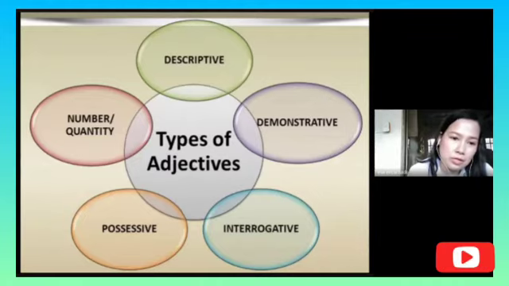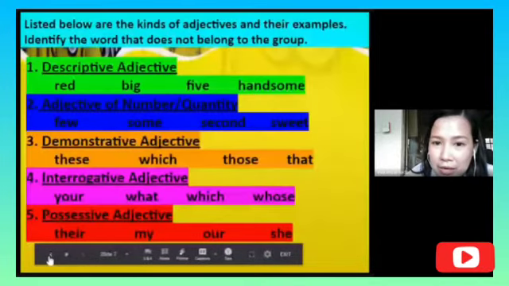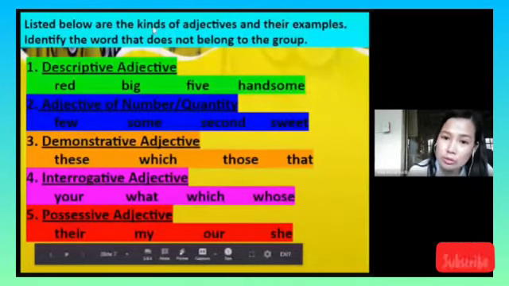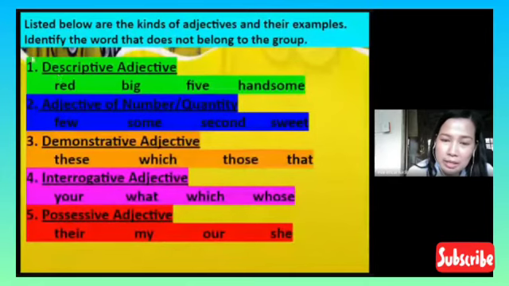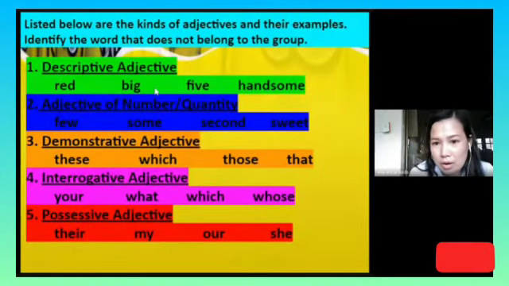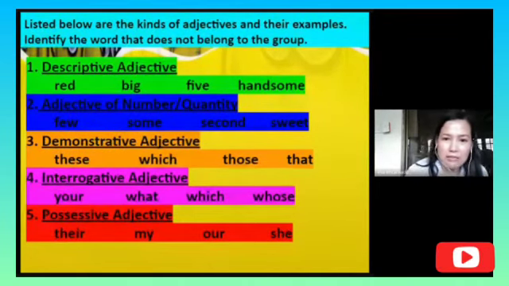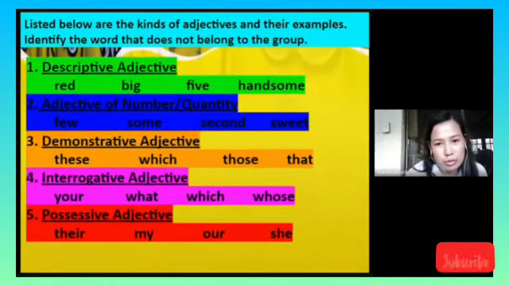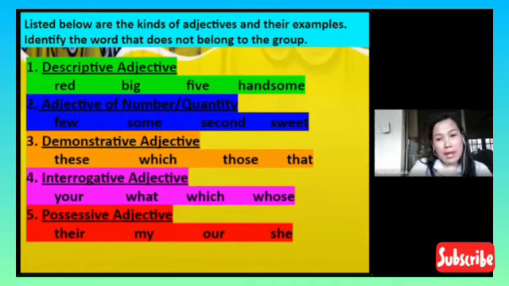Alright? So, get your notebook and answer this one. Identify the word that does not belong to the group. Dito sa number 1, descriptive adjectives. All are examples of descriptive adjective except one. May isang hindi kasali. And identify mo yun. Write it in your notebook. Answer only. Okay? Sabay-sabay tayong matatapos ha.